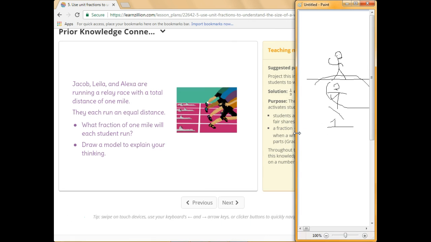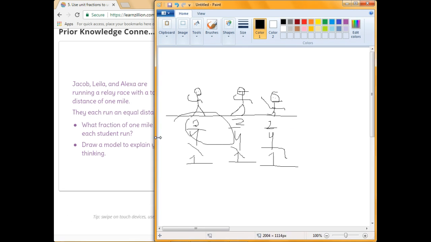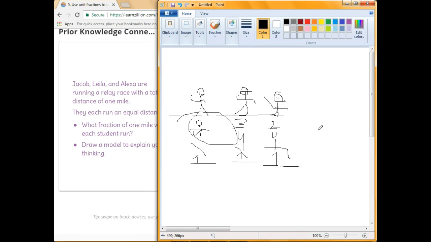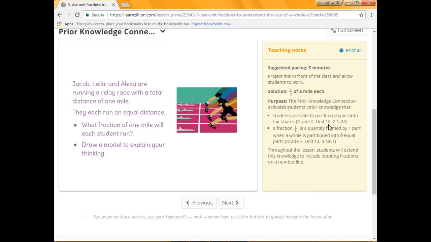So I think that because 2/4 of a mile would usually be the length that I would run if I ran. So I picked that.